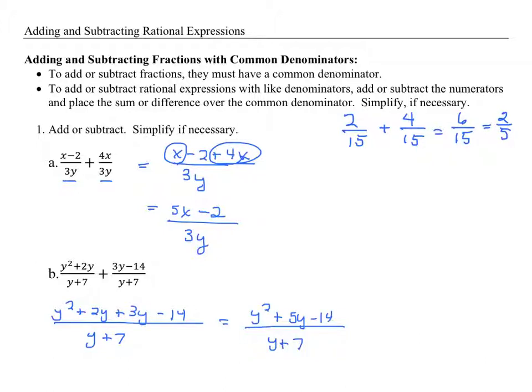Now, again, I am going to tell you that these problems are probably rigged. And this one is, I can factor my numerator: y plus 7 over y minus 2. Check your parentheses. y plus 7, we divide out, we get a 1. We're left with y minus 2, and we're done.